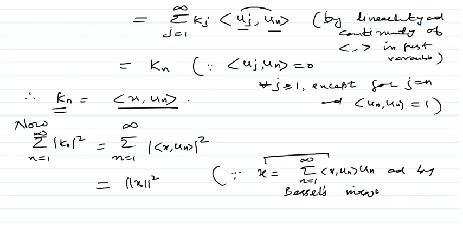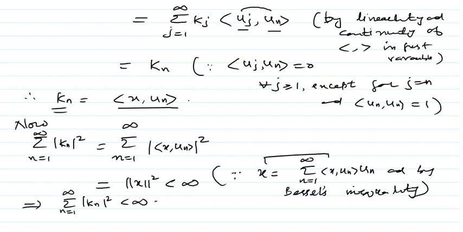So here equality holds. It's equal, and this norm x squared is always a finite thing. So that means the summation n runs from 1 to infinity of mod kn square is a finite thing. So that's the first part.